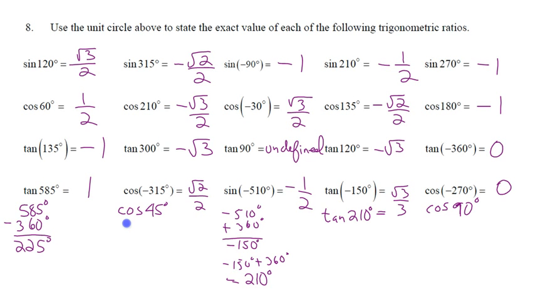I still generally tend to use the idea of reference angles and the CAST rule, because then I really only need to know the first quadrant of the unit circle. I turn everything into a reference angle, go back to that first quadrant, get the angle, determine whether it's positive or negative based on the CAST rule, and there's my answer.